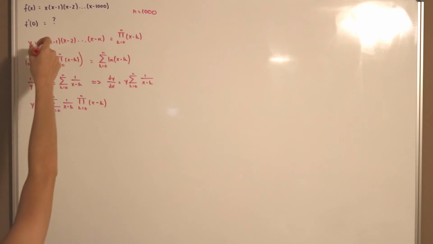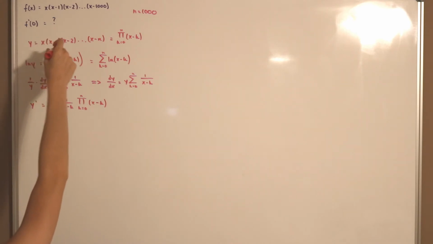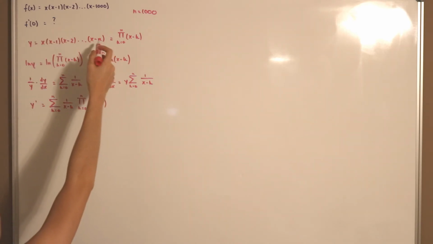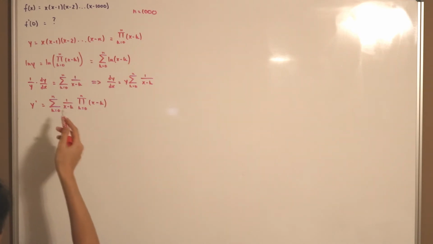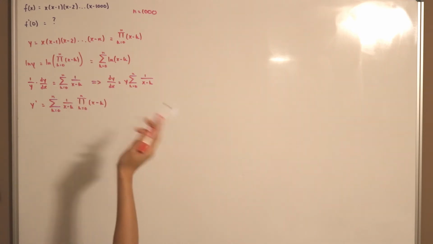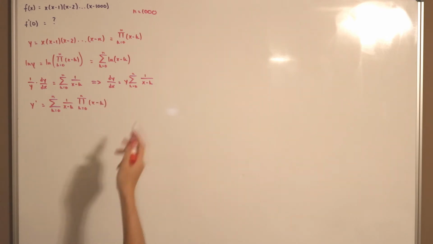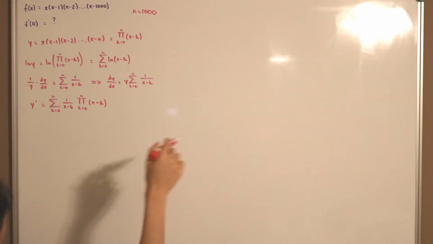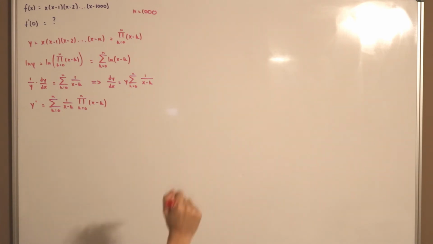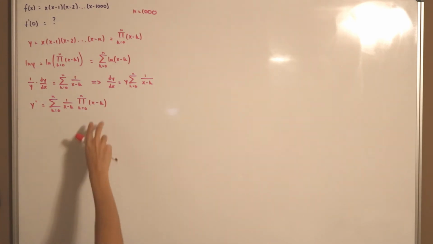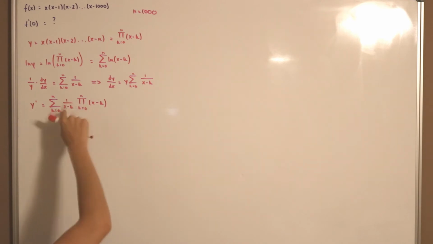When we write out the product series, it's just the same thing as x times x minus 1, x minus 2, all the way up to x minus n. But then the summation is 1 over x minus 0, plus 1 over x minus 1, plus 1 over x minus 2, plus all the way up to plus 1 divided by x minus n. So this means I can distribute our product series into the summation.